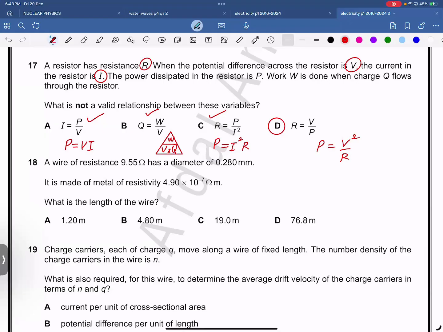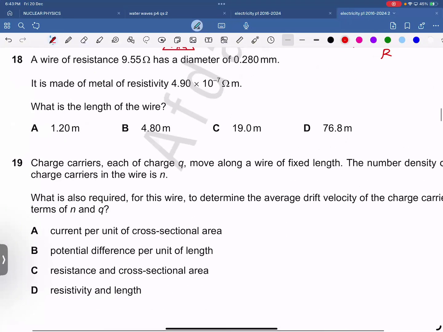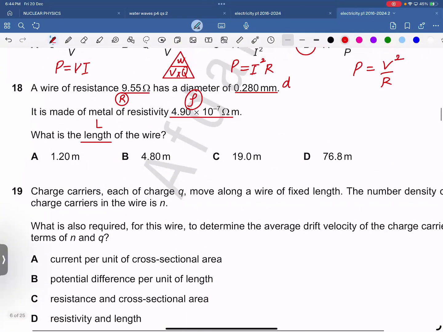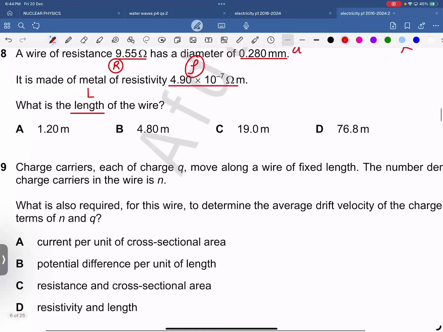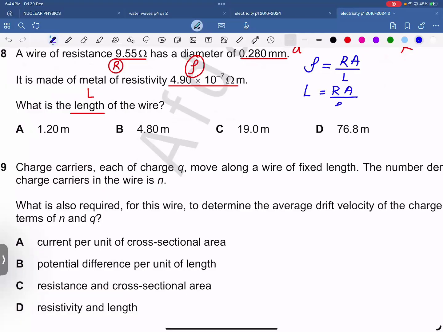The next question, a wire, question number 18. A wire has a resistance R, diameter lowercase d, resistivity rho, length question mark. You know, my dear students, resistivity is RA over L. So L will be R A over rho.